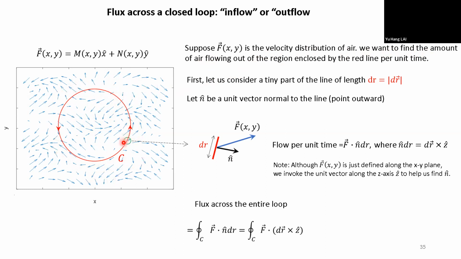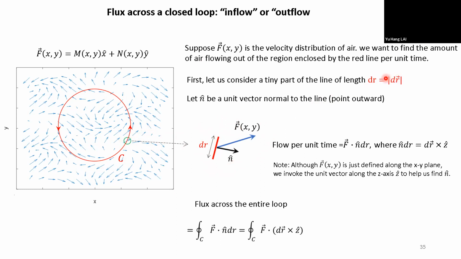Just look at this small segment and calculate how much air is flowing out per unit time. I consider this segment and then I just zoom in. This is the zoomed-in picture.